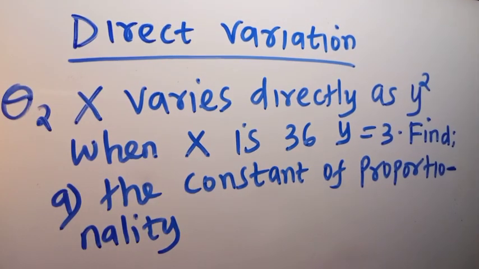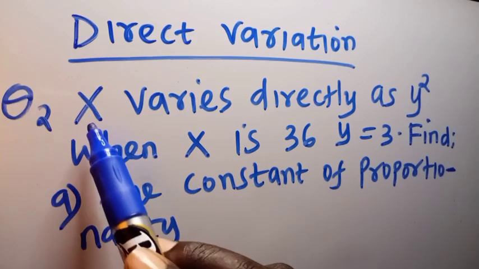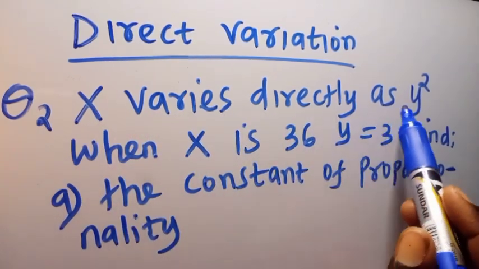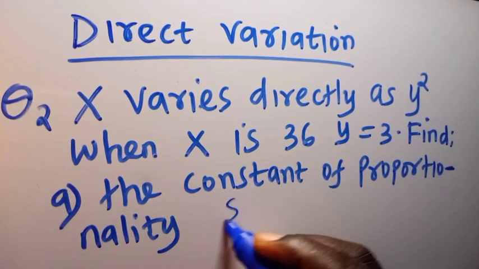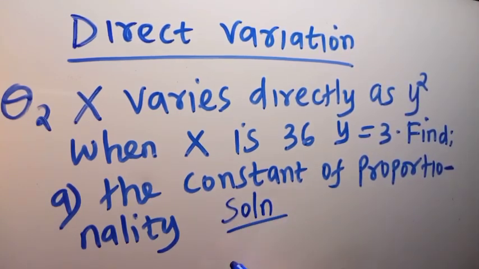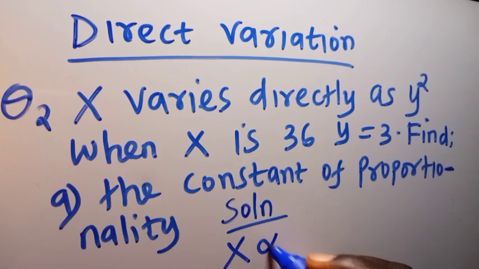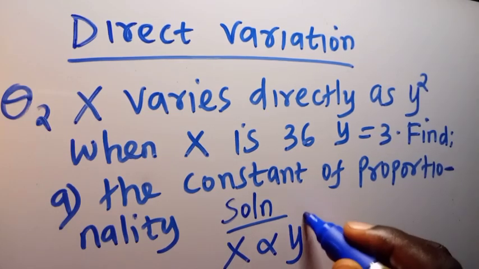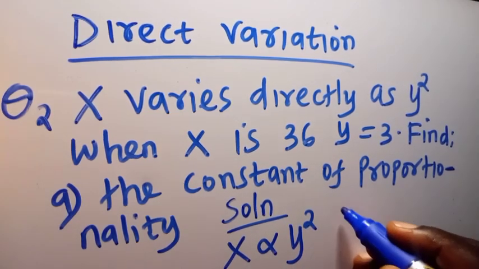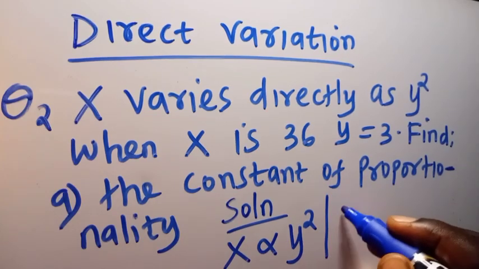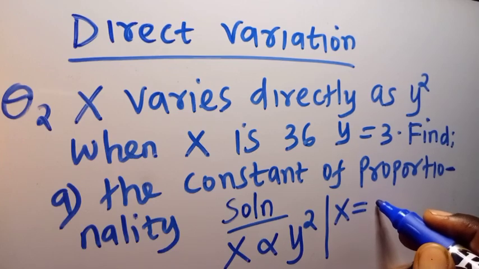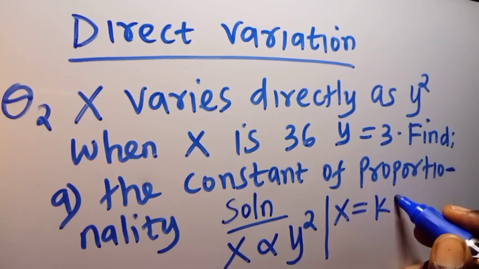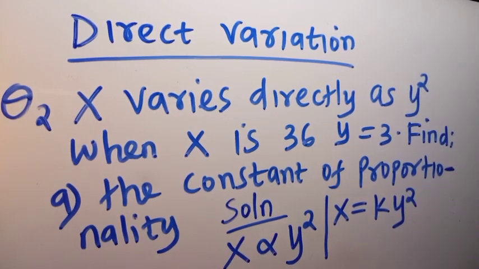Now, let us have a look at the second question of direct variation. The question is, x varies directly as y squared. That means if we introduce an equal sign, and let's say the constant is k, we shall have x equals ky squared.